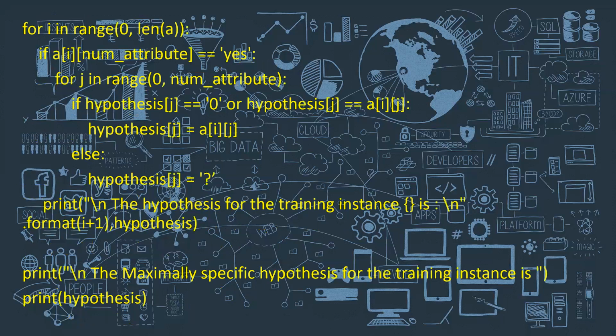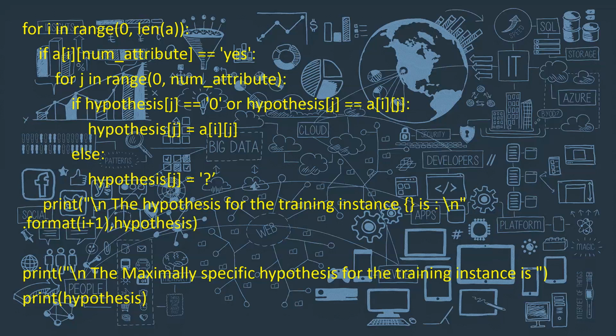Next, for i in range 0 to length of a, if a[i][num_attribute] is equal to yes, then for j in range 0 to num_attribute: if hypothesis[j] is equal to a[i][j], then hypothesis[j] stays as a[i][j]; else hypothesis[j] is equal to a question mark. Then print the hypothesis for the training instance, using format with i plus one and the hypothesis.